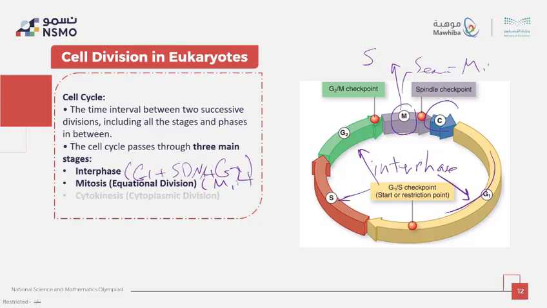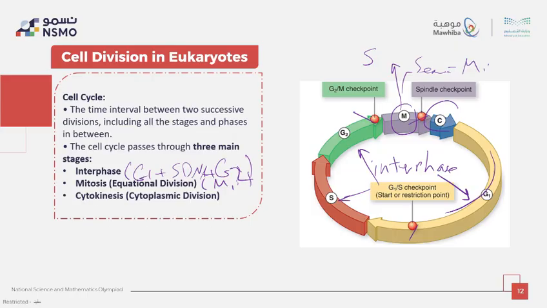And the last one is cytokinesis, cytoplasmic division. Okay, look at the colored checkpoints, the red one here. The colored checkpoints indicate moments where the cell decides whether to proceed or to stop.